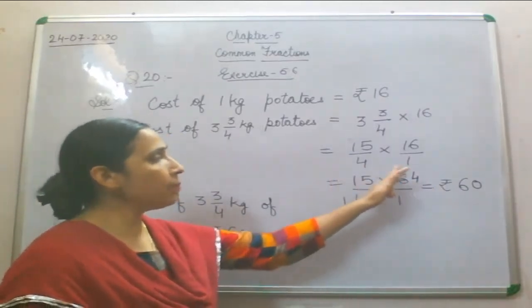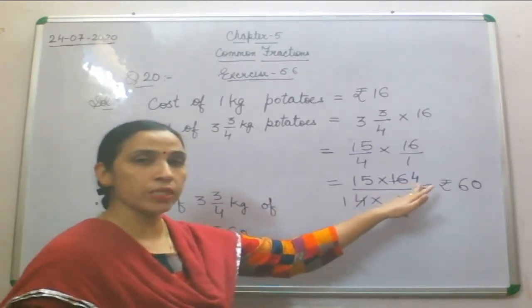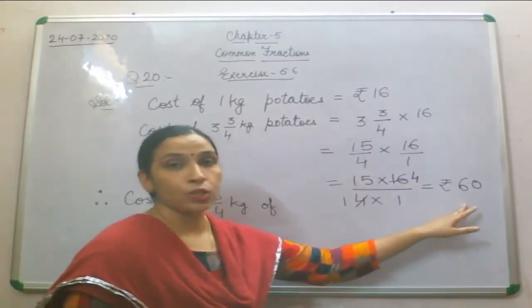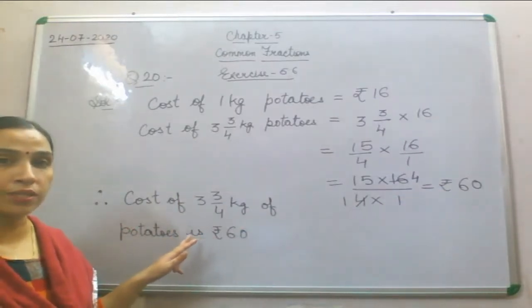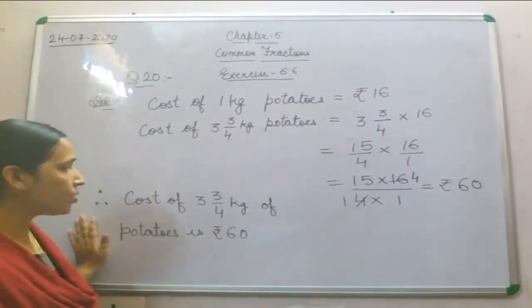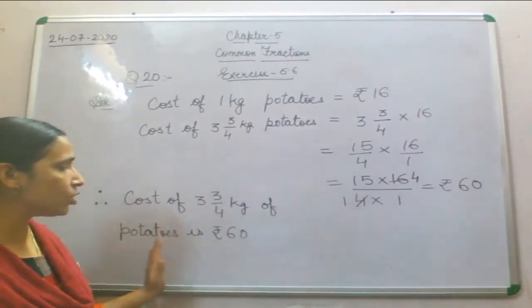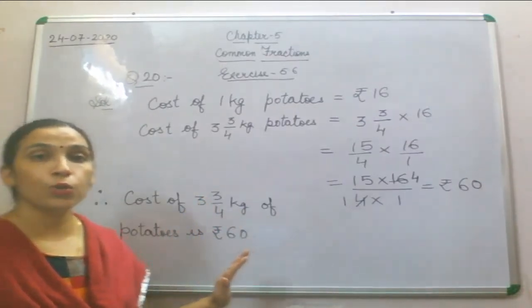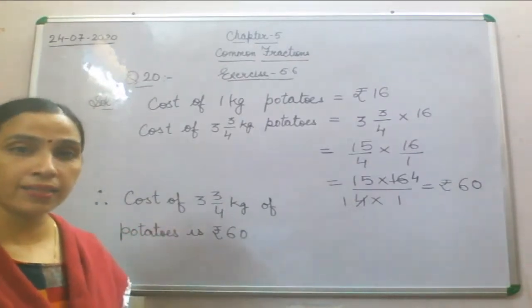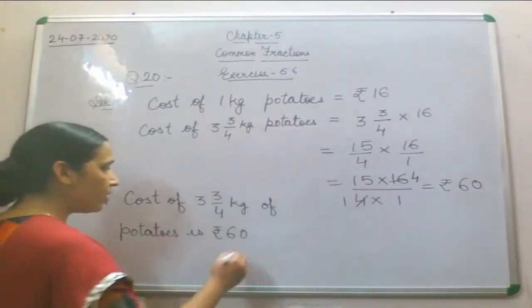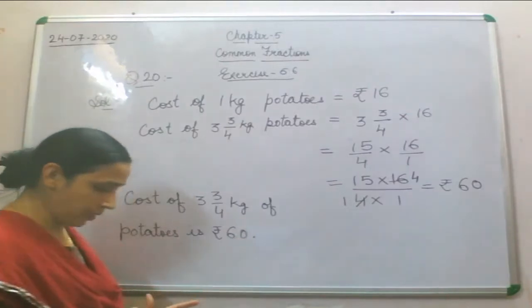Now 15 will be multiplied by 4, 15 fours are 60. So what is the cost of 3 by 4 kg of potatoes? Therefore, the cost of 3 by 4 kg of potatoes is rupees 60. That is only required in the question.